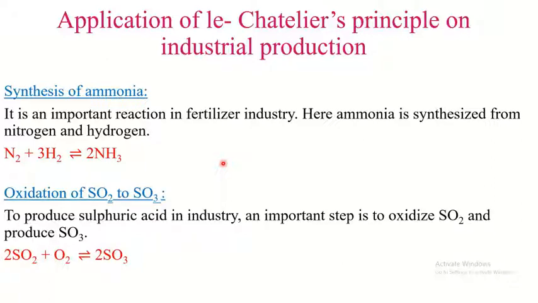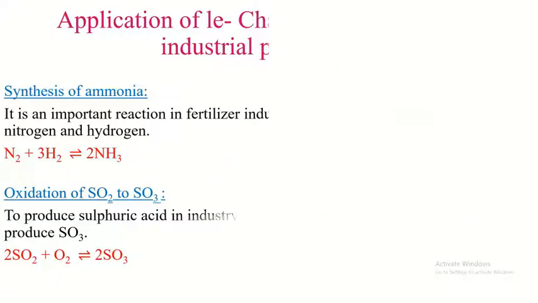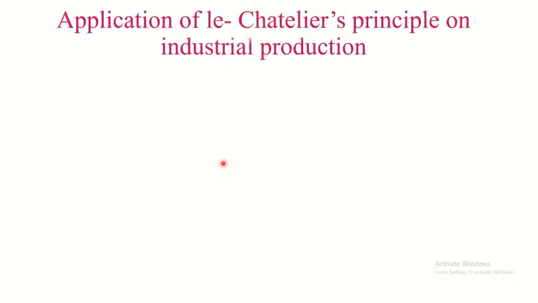Now we will learn how we will get more product from these reactions by applying Le Chatelier's principle. At first, the synthesis of ammonia. We already know that this is an exothermic reaction, and for an exothermic reaction, if temperature is increased, then the forward reaction rate is decreased.